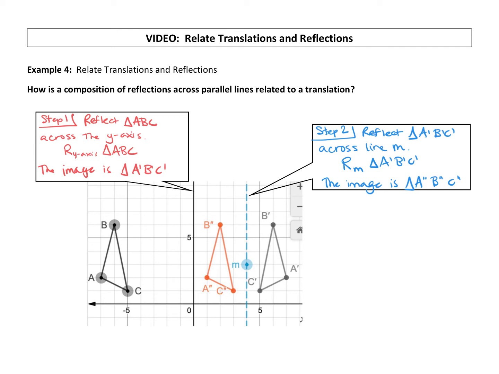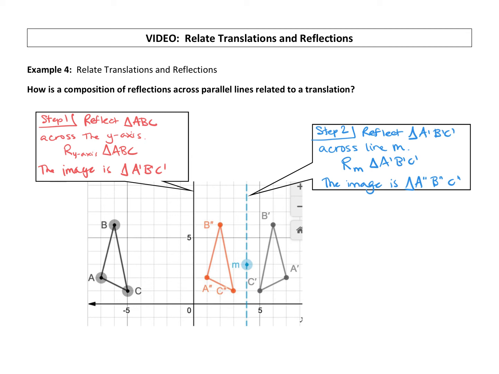So if you do 2 reflections across parallel lines, then the original pre-image ABC and your resulting image A double prime, B double prime, C double prime actually is just a translation of the original. See how if we just take this and we move it to the right, let's count 1, 2, 3, 4, 5, 6, 7, 8. We move it to the right 8 units, we get the exact same image. So if you're reflecting across 2 parallel lines, that's the same thing as a translation.